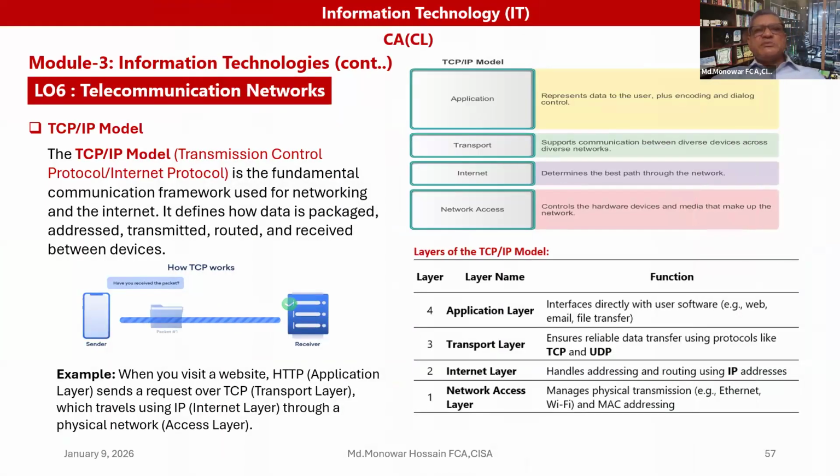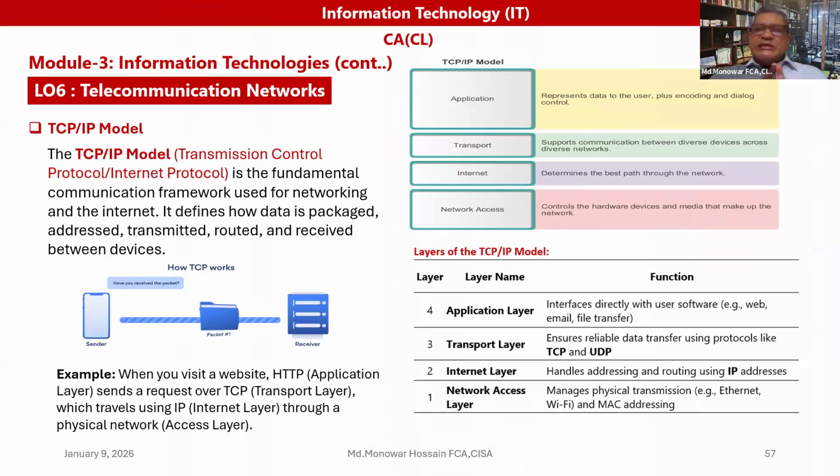And our TCP/IP model. We know that TCP means Transmission Control Protocol, IP means Internet Protocol. So the TCP/IP model is the fundamental communication framework used for networking and the internet.